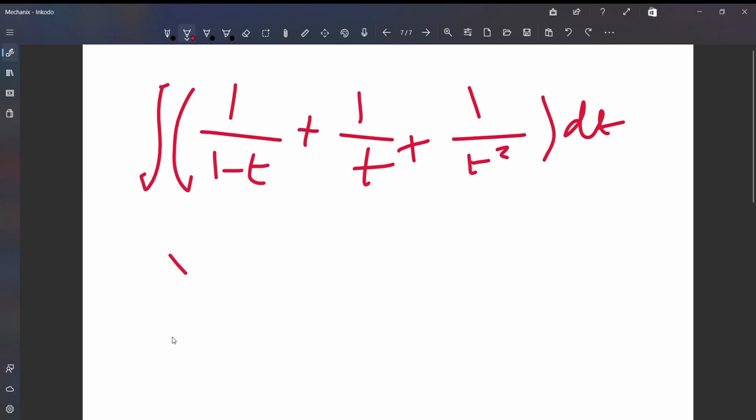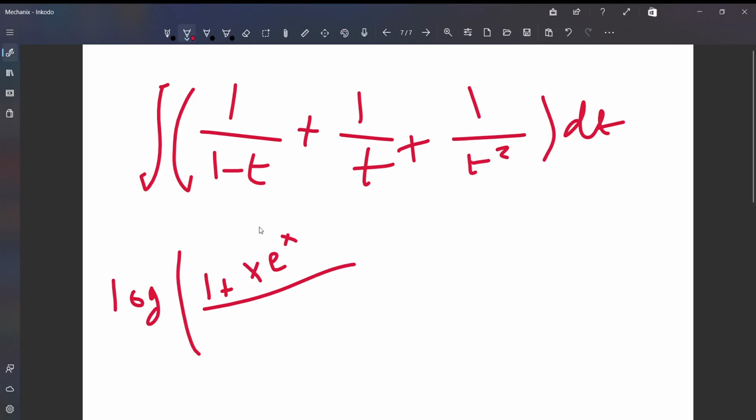And the final expression we're going to get will be log of 1 plus x e power x. That's it.